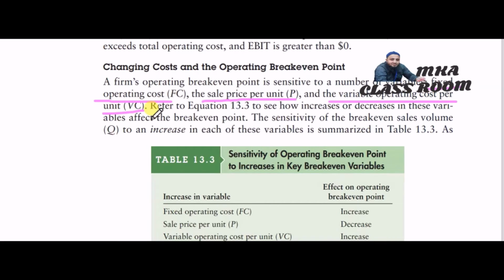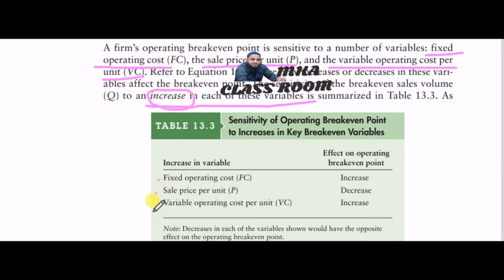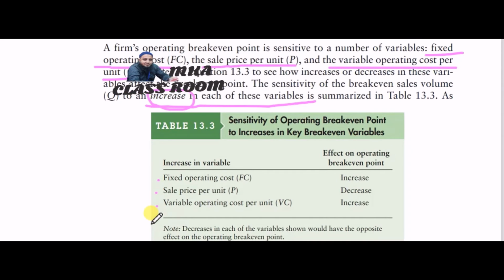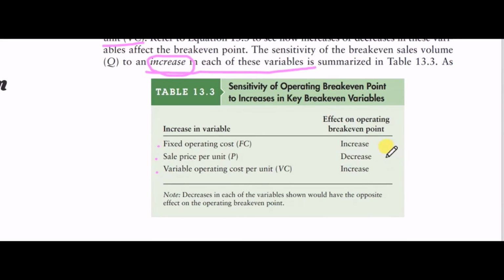These are the sensitive variables that will affect the break-even point. If each of these variables increases, what will happen to our break-even point?